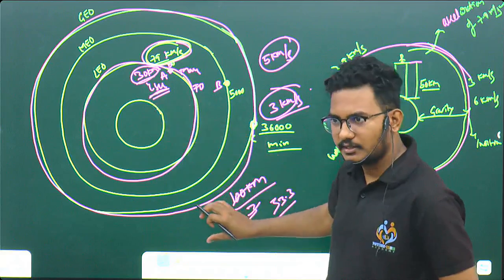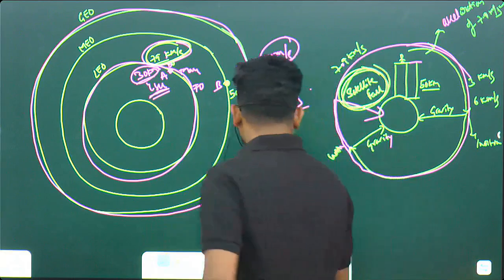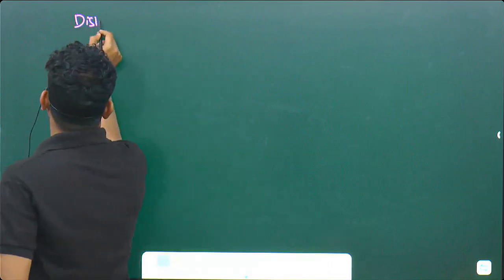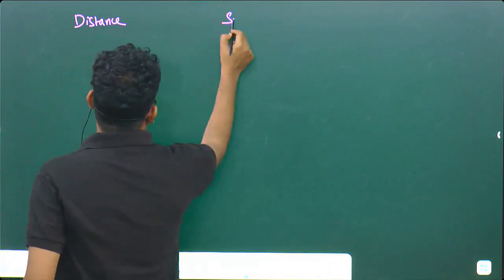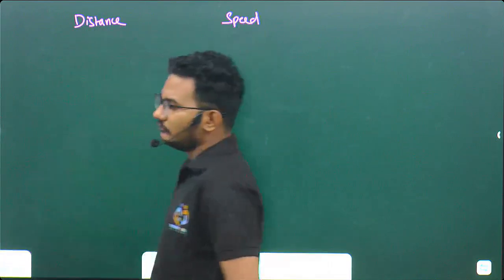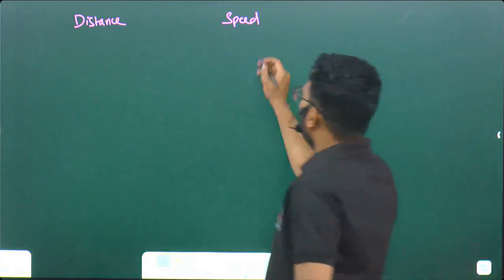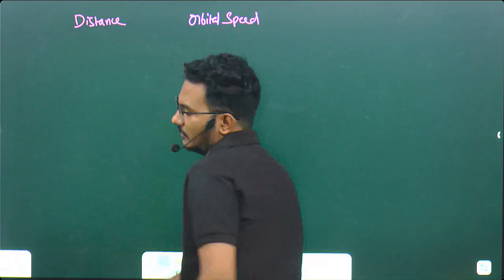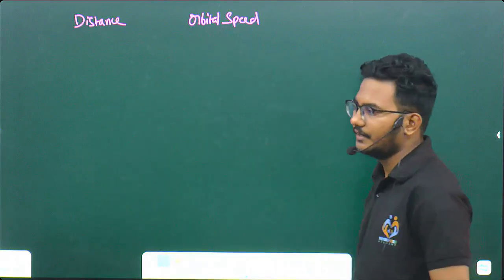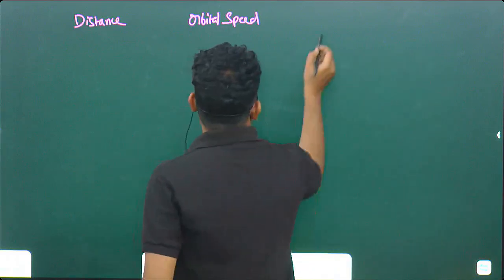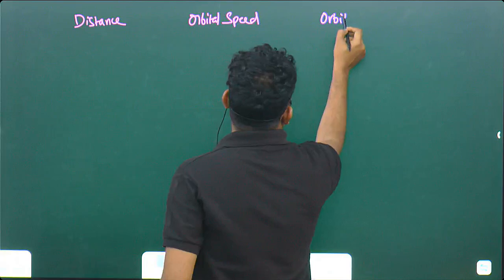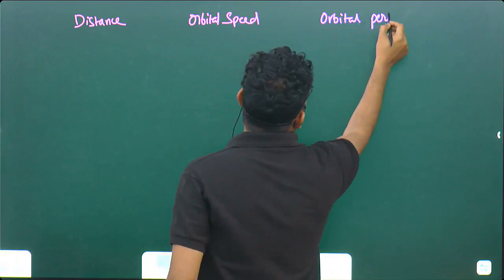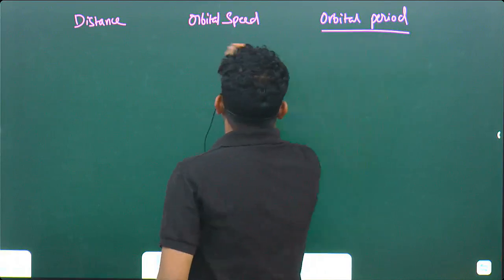This one. Yes. So now with this knowledge, write down a table. Distance, speed, and this speed is generally called orbital speed. And this is orbital period.